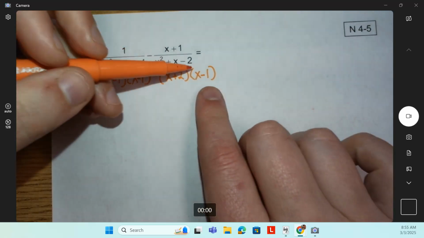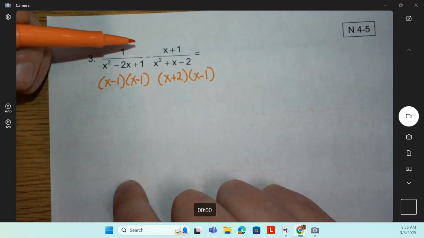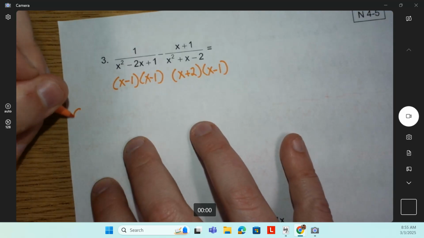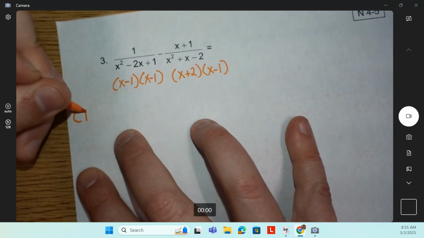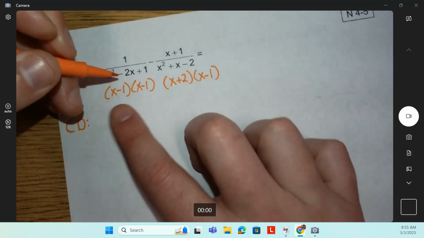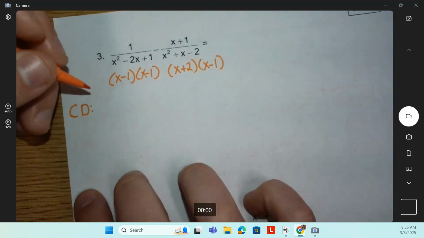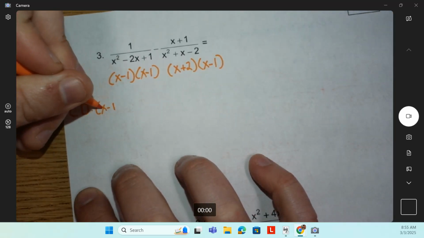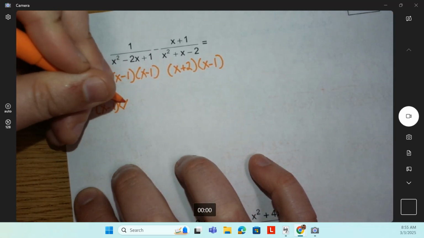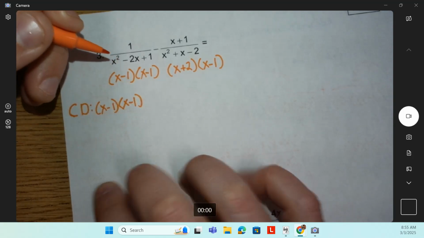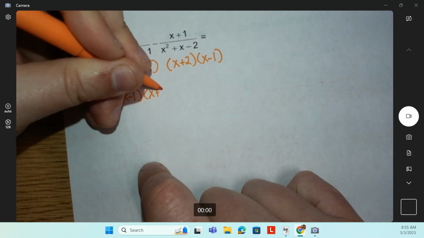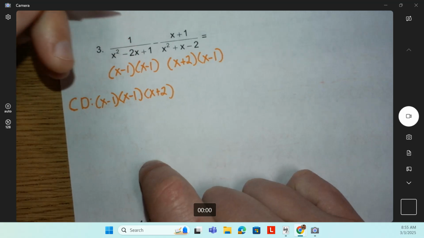So that, again, is going to multiply to give me what I need. My common denominator will be, again, writing out the first term and then whatever's missing from the second. I do not have an x plus 2, so that'll need to be added to it.